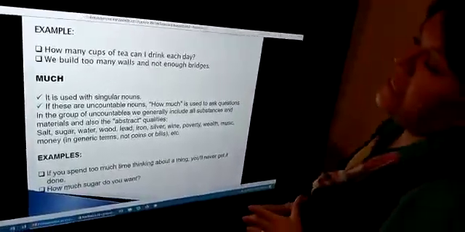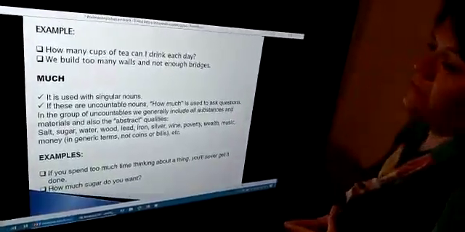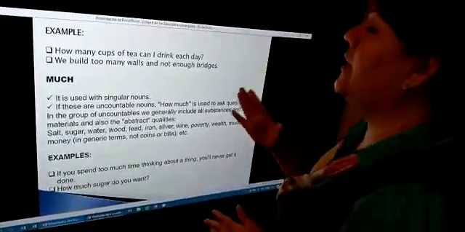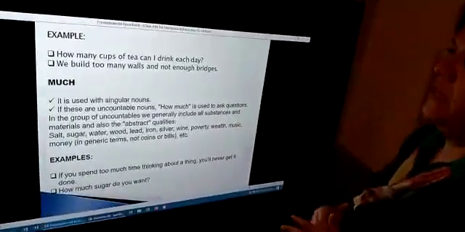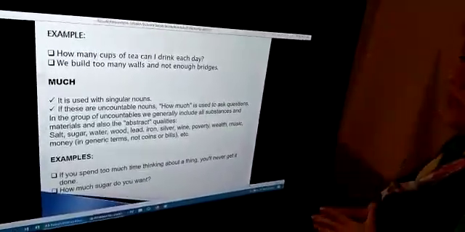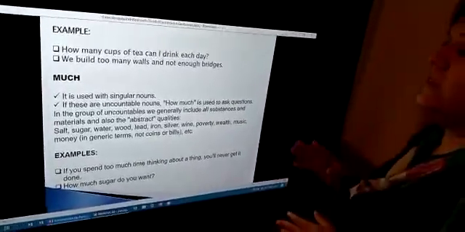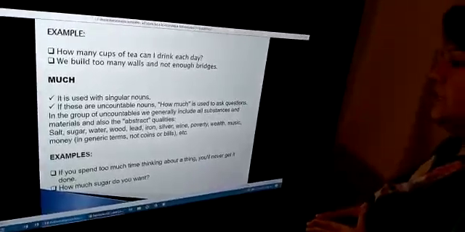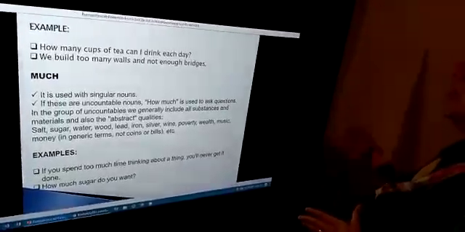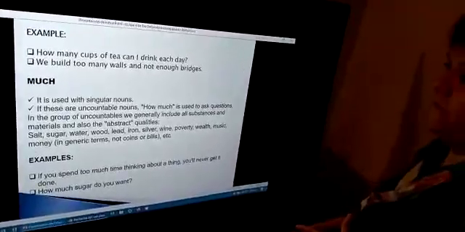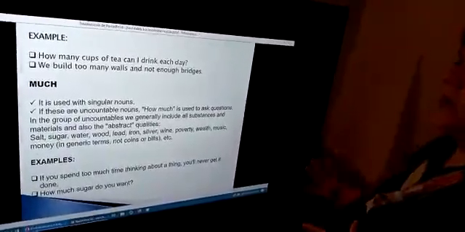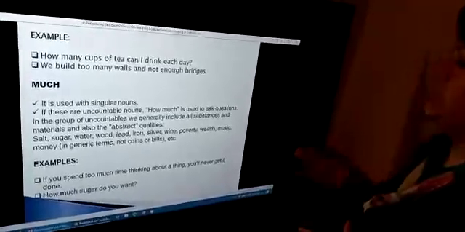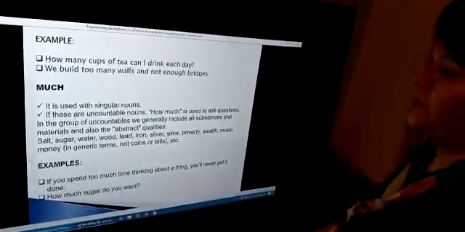And let's see much. Look at much: it is used with singular nouns. If these are uncountable nouns, how much is used to ask a question. Remember, with uncountable nouns, how much is used to ask a question.